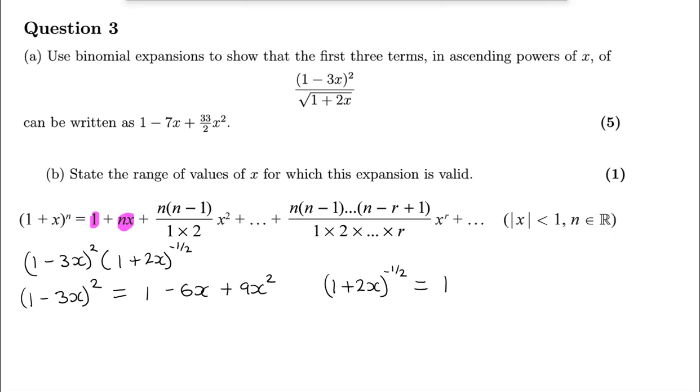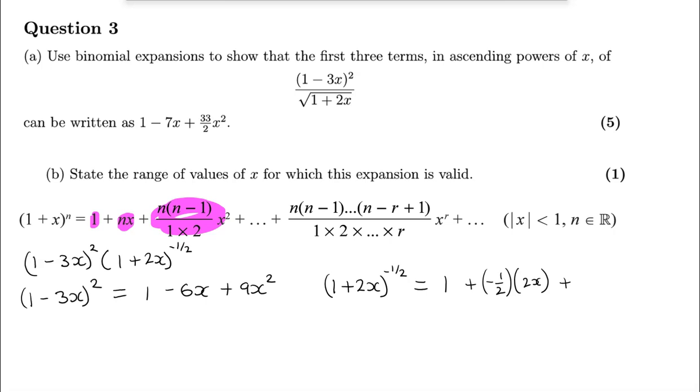The next term is n times x. n is minus a half. x is just 2x here, so we're going to do minus a half times 2x here. And then the final term is just going to be this one here.